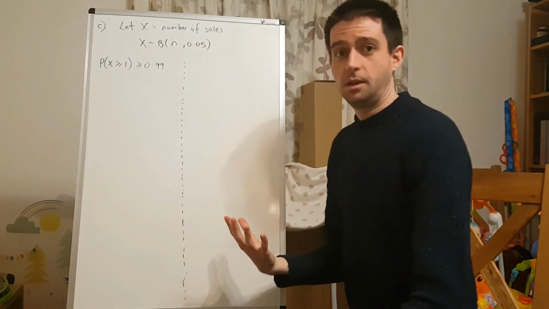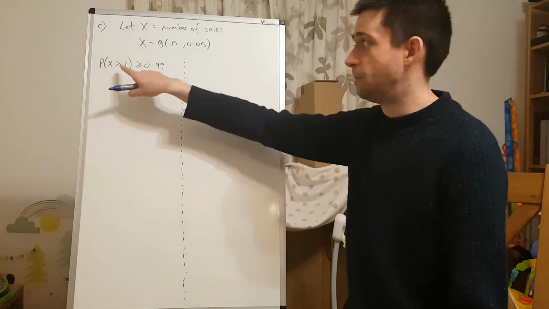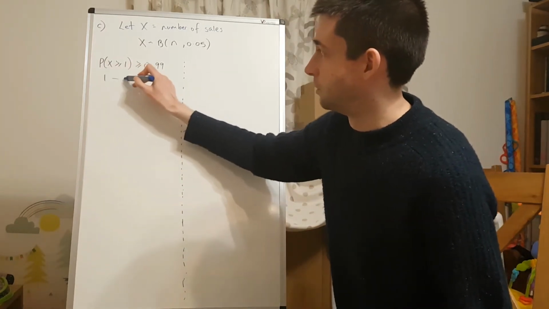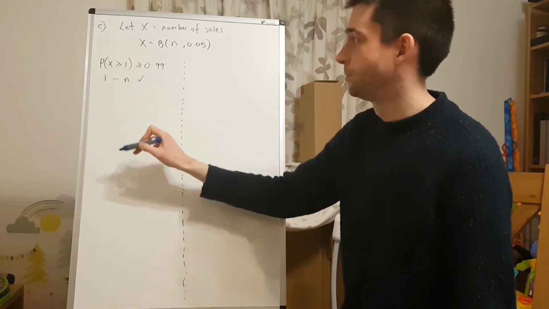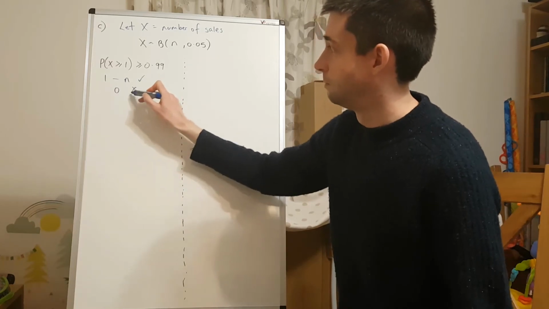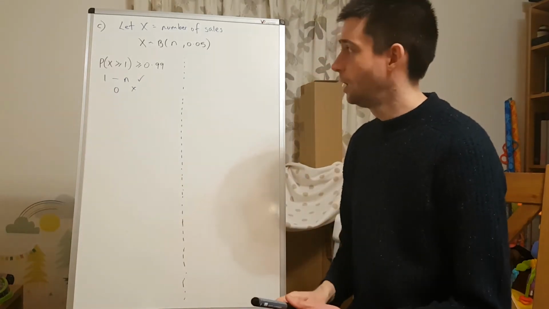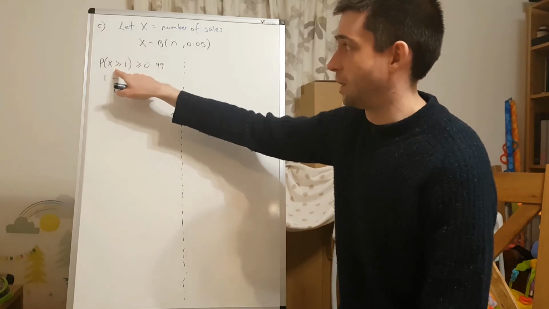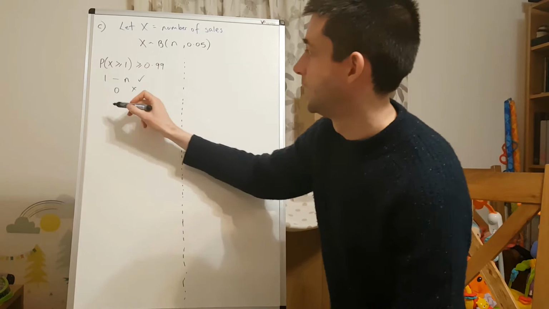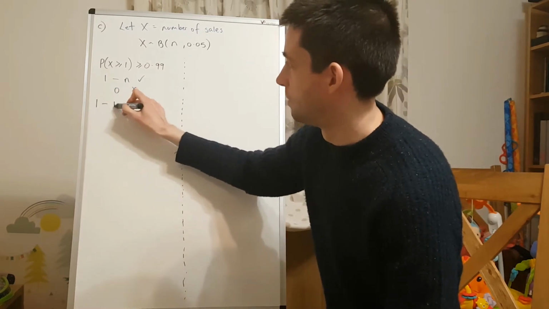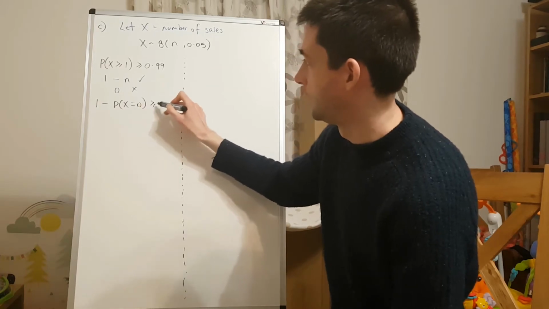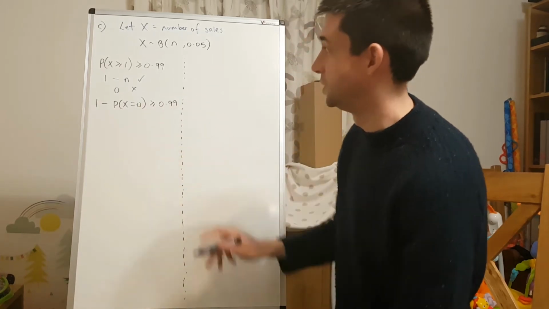So the first thing to consider is, if we want the probability of X greater than or equal to 1, then we want 1 to n, which means that the only result we don't want is 0. So rather than working out the probability that X is greater than or equal to 1, I'm going to work out 1 minus the probability that X equals 0, and that has to be greater than or equal to 0.99.